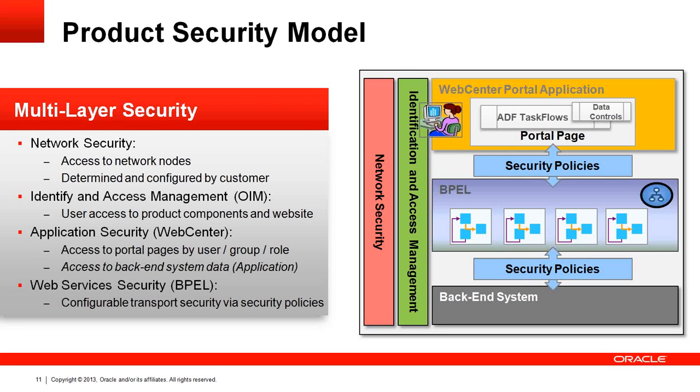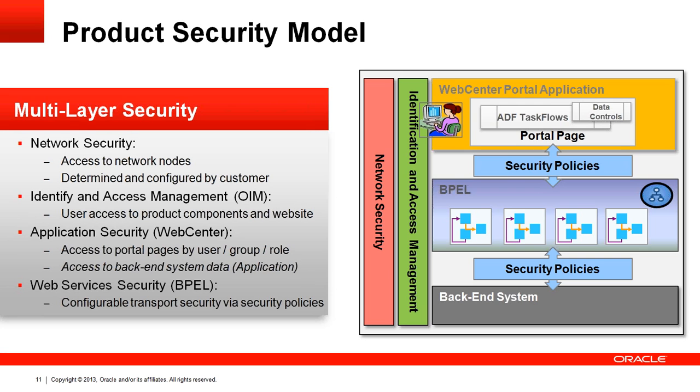So users can configure using Web Center administration console, which is part of Web Center portal, what user, whether it's by user ID, group, or role, what user will have access to what page.